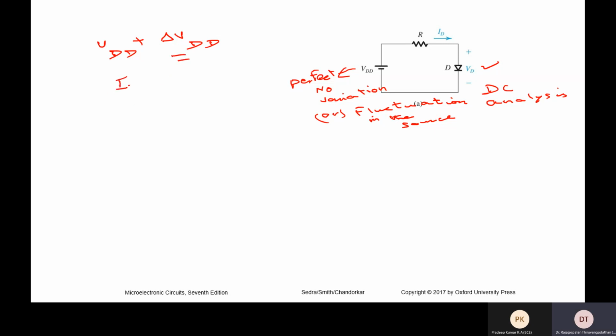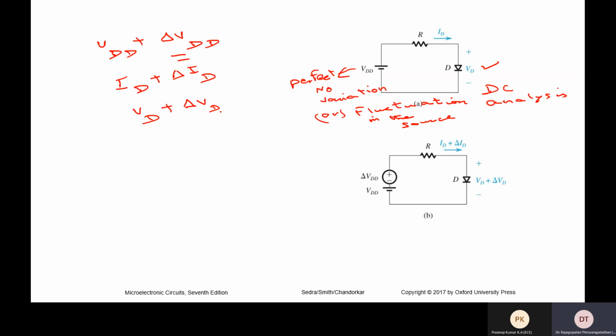Then the current also fluctuates, delta ID, and the voltage drop across the diode also varies in this manner, as depicted here. So how do I analyze such a circuit? We are looking at a nonlinear element.